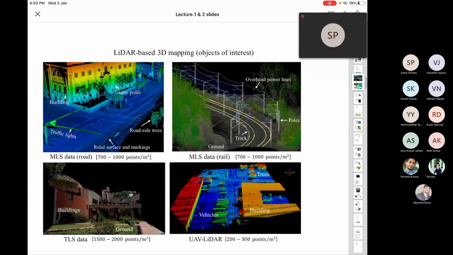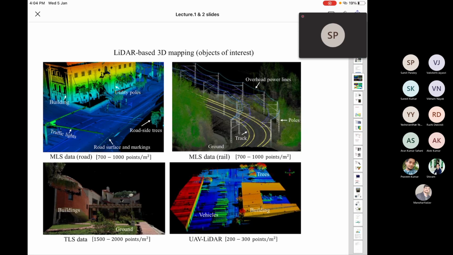Now in this slide, you can see the 3 dimensions. It's a 2D version of a 3D view, we can say, for data acquired by various types of LiDAR systems. In the first case, the data is collected by mobile laser scanning along the road, and the color is not an actual RGB value.